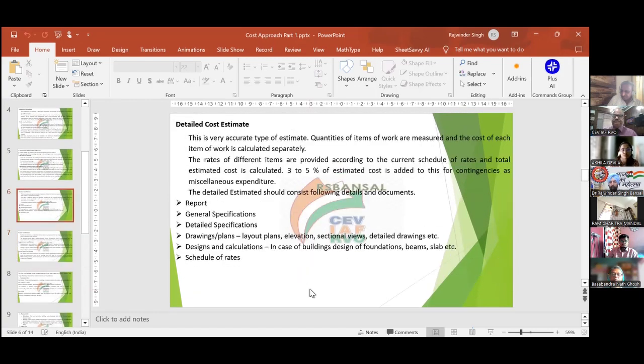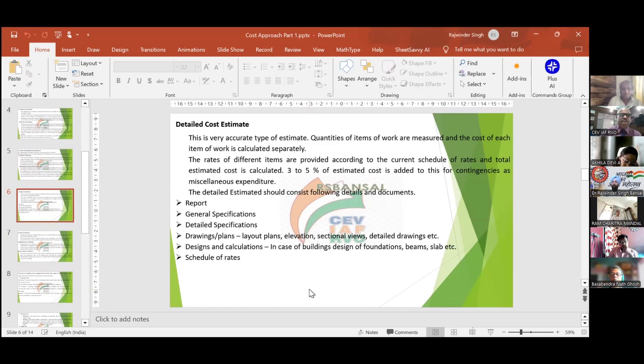Then the detailed cost estimate. As an engineer or as an architect, you have learned this detailed cost estimate in your engineering or architectural course.